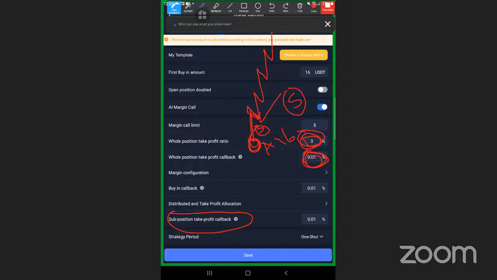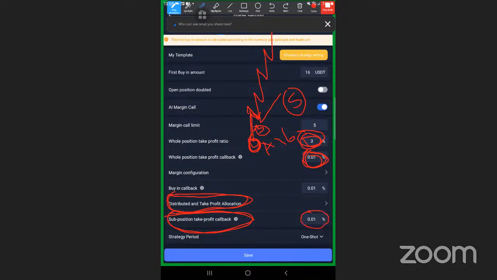No, there is a take profit for margin call number 5 under distributed and take profit allocation. That's where the profit for margin call number 5 is. So once margin call number 5 has been bought, the robot will be looking at the profit of margin call number 5 and the sub position take profit callback of margin call number 5, which is this one.